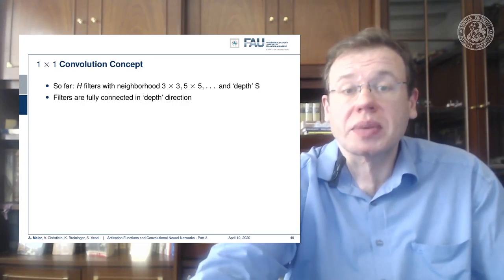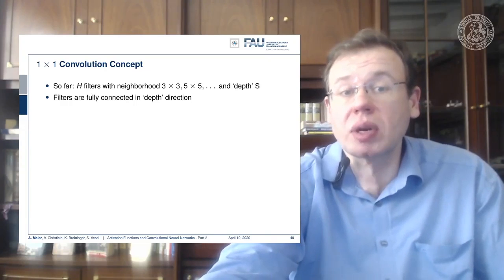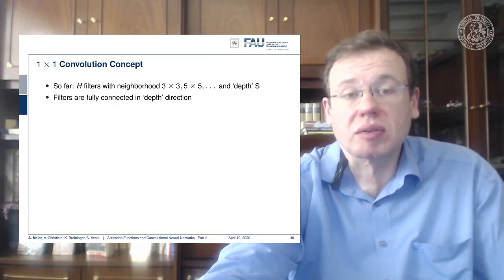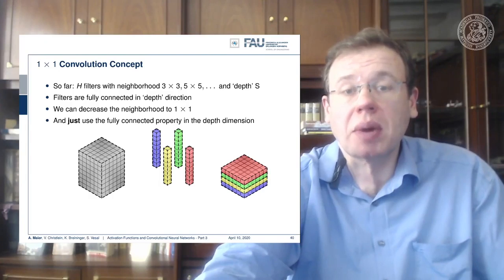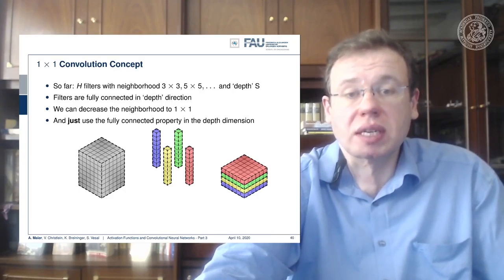Another very interesting concept is the 1-by-1 convolution. So far we had H filters with these neighborhoods, and in depth we had S, but remember they were fully connected in the depth direction. And this is also really interesting because now if you have a 1-by-1 convolution, then this is essentially the same as a fully connected layer.